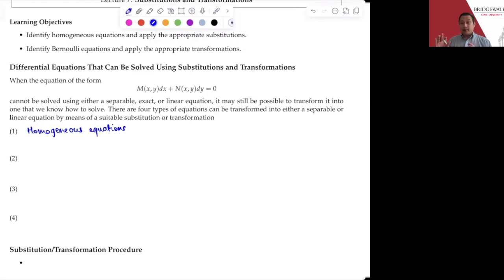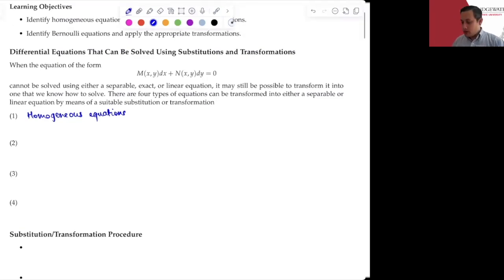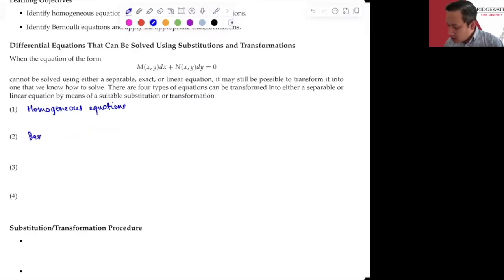Now the second type of equation that you're going to encounter is called the Bernoulli equations. We're going to write down the definition a little bit later, but these are equations of the form dy/dx plus p of x times y equals q of x times y to the power n.